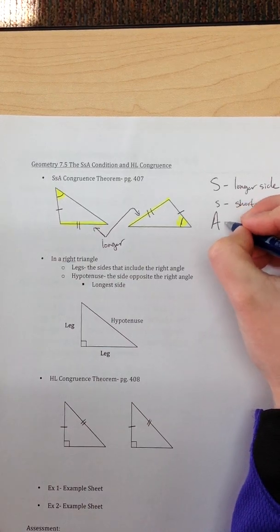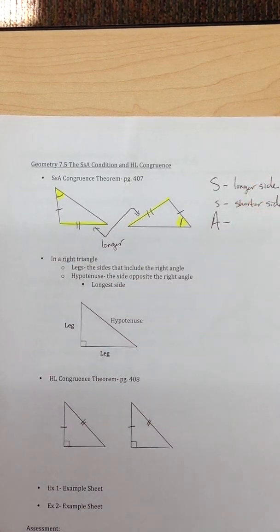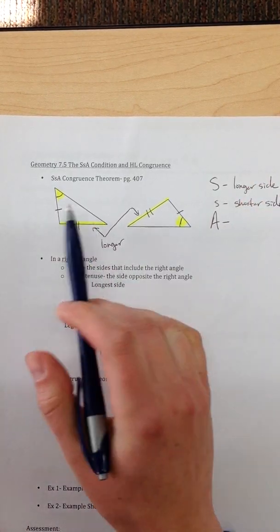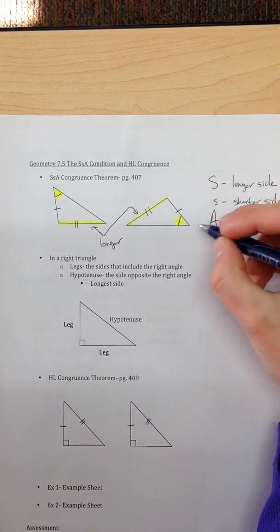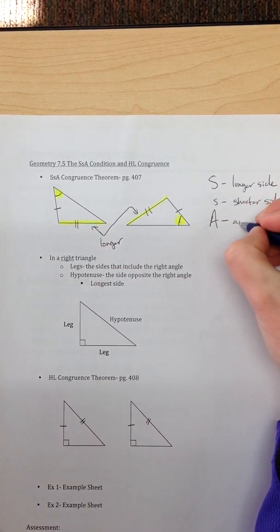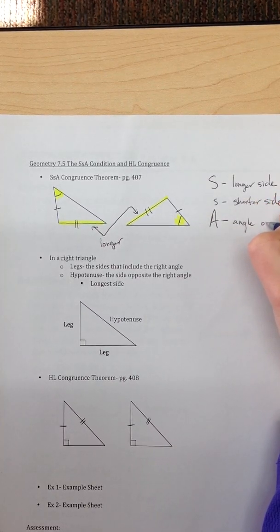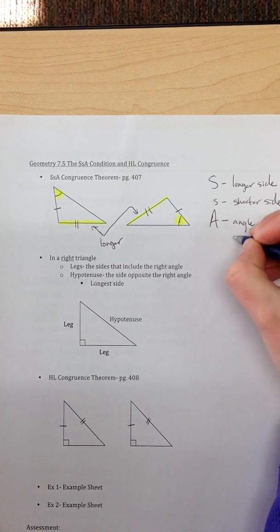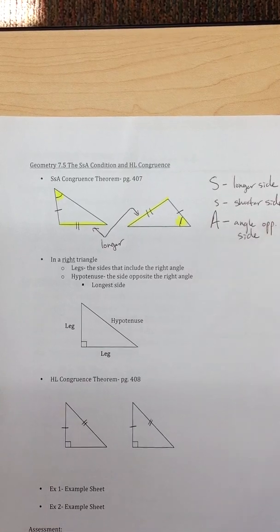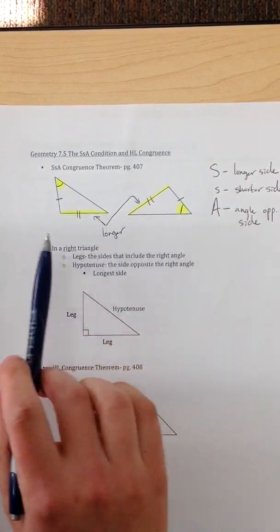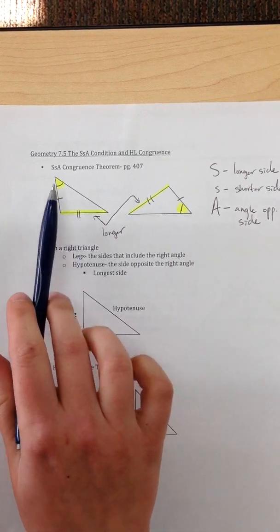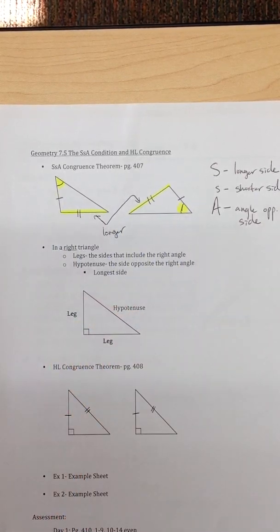So that's why it's a capital A, because that's the bigger angle, because we remember that our longest side is opposite our largest angle. So of the two sides that they give us, we have to know that one of them is longer than the other, and we also have to know that the longer one is opposite the angle that they give us.